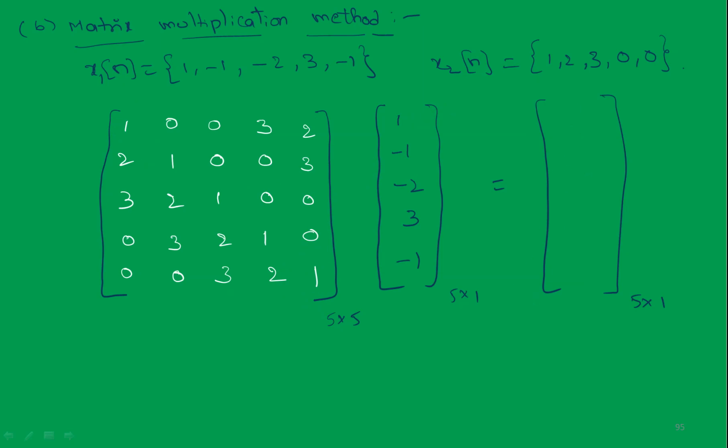Okay, right. So here first row, first column: 1 into 1 is 1, 0 into anything is 0, 0 into anything is 0. Now 3 into 3 is 9, 2 into minus 1 is minus 2.